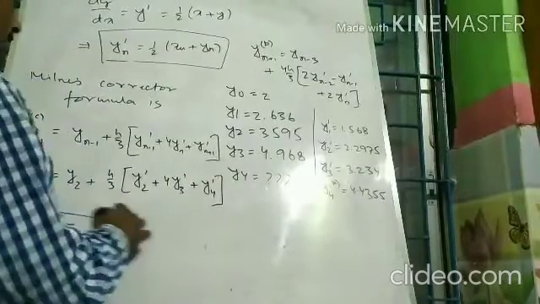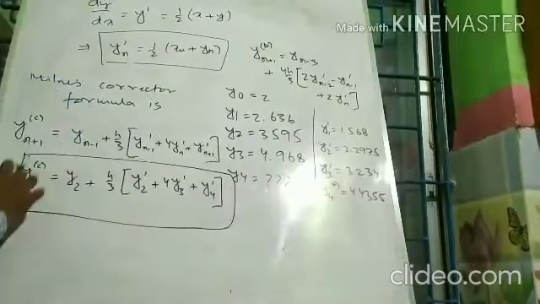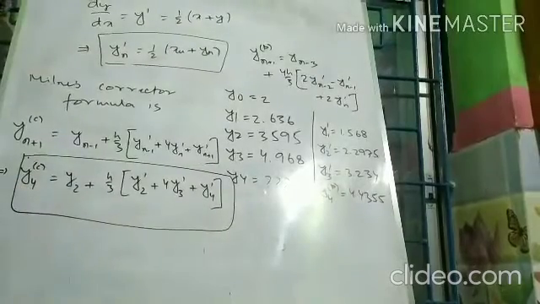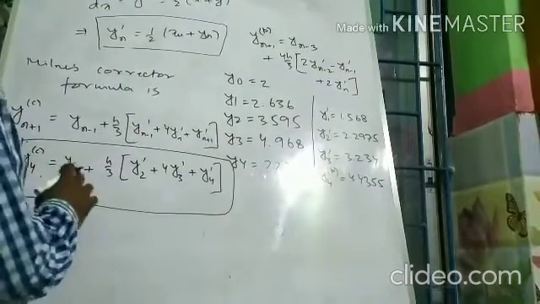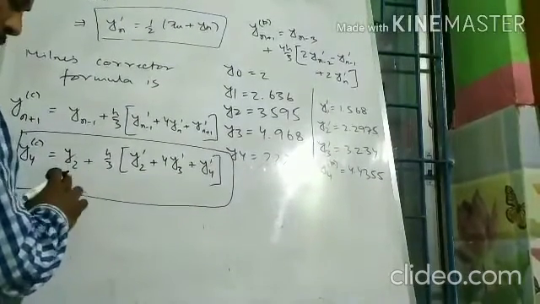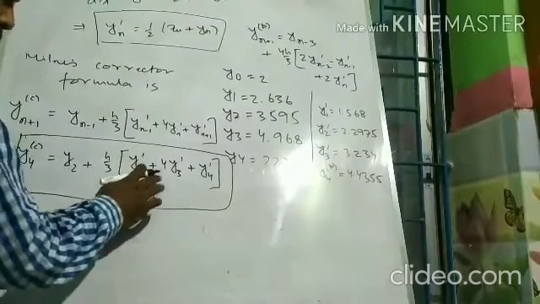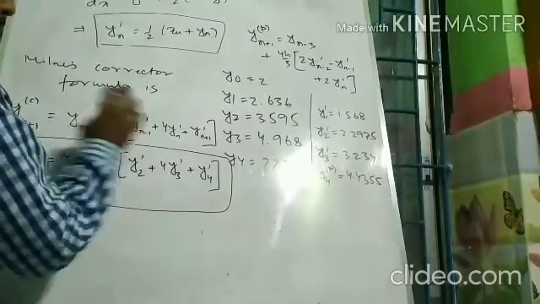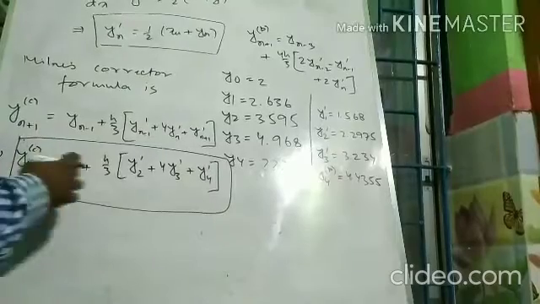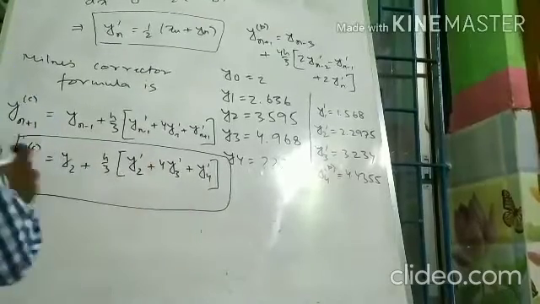This is the corrector formula. So we have to calculate y2 prime, y3 prime and y4 prime.